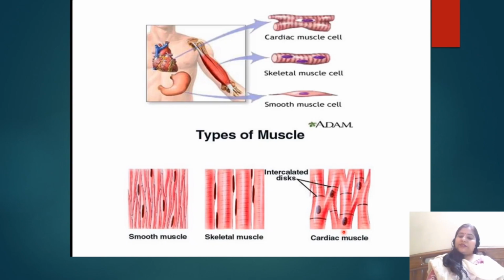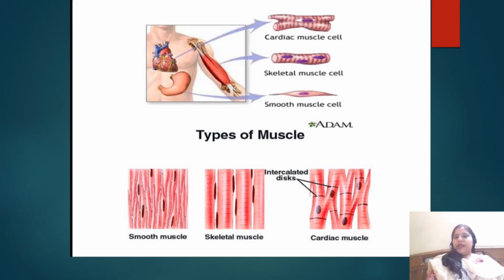Another difference which can be asked is voluntary muscles and involuntary muscles. So we have understood that skeletal muscles are voluntary muscles. Smooth and cardiac muscles are involuntary muscles. Right?